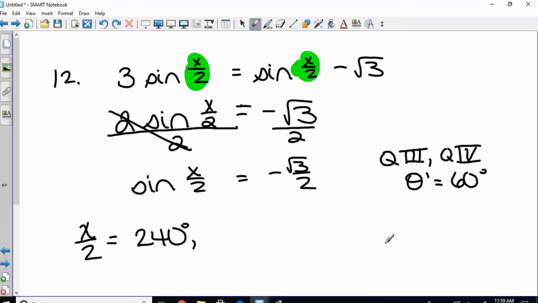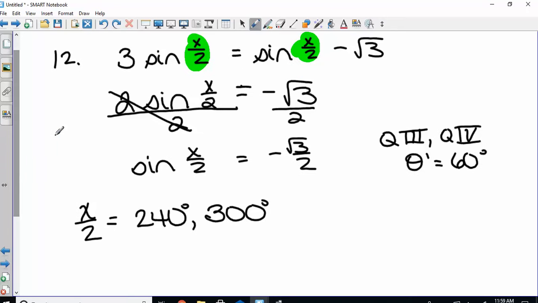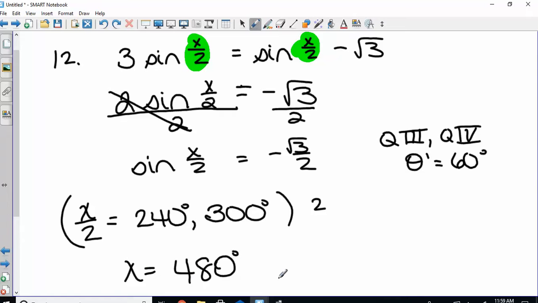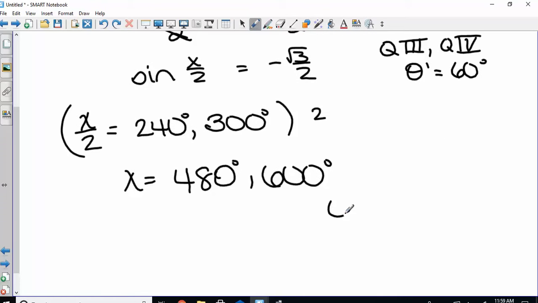In quadrant 4, 360 minus 60 is 300. I don't need double solutions, but we do still have to solve for x, so I need to take everything and multiply by 2. So x equals 480 degrees and 600 degrees. Right. There is no solution in the interval.